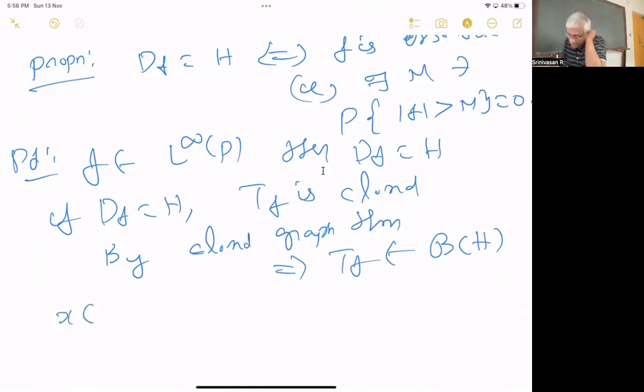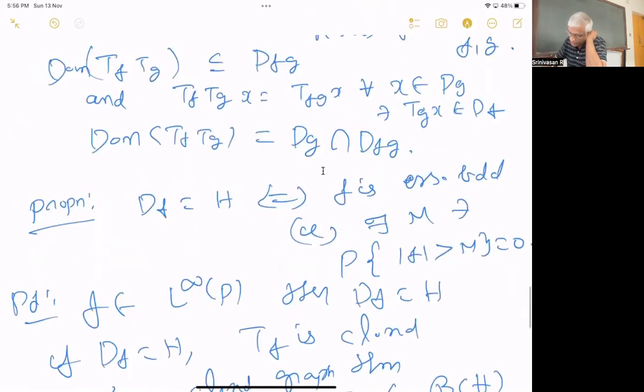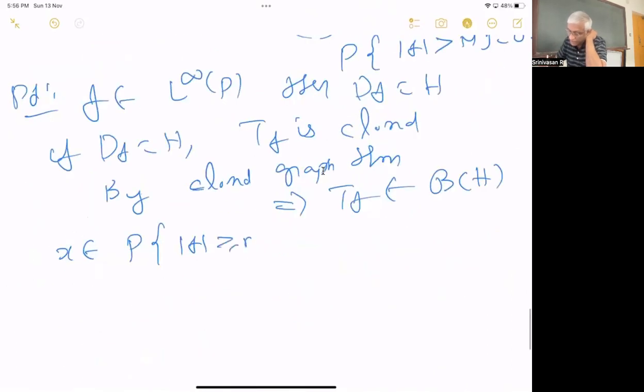Now let x be in the range of P of this set, as usual, the set where mod of f is greater than or equal to n. Some x is there.